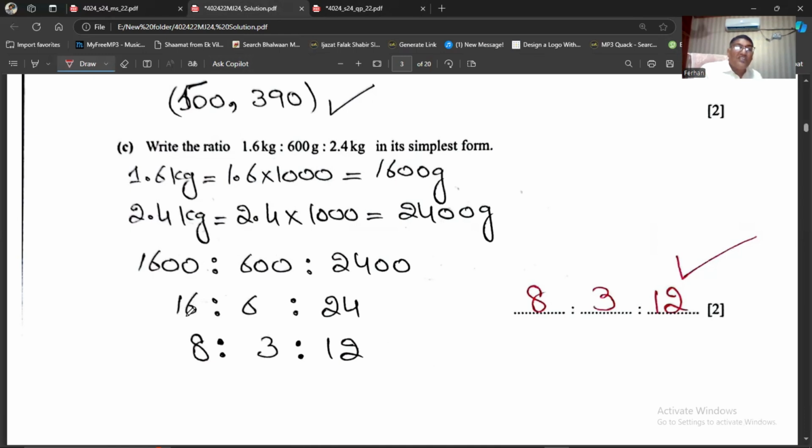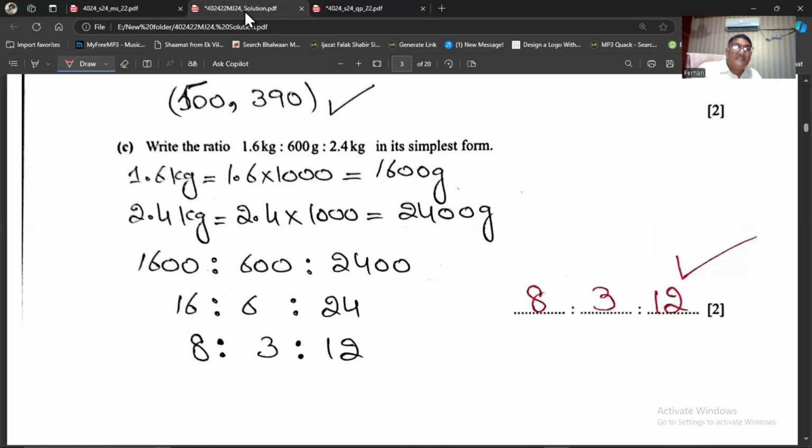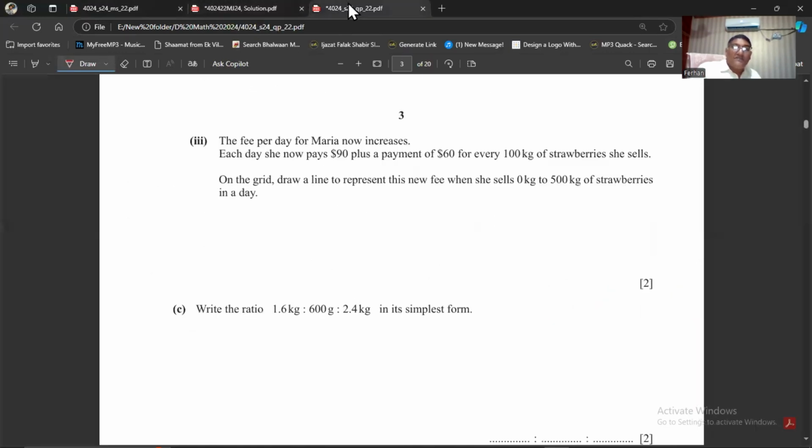So 16 divided by 2 is 8, 6 divided by 2 is 3, 24 divided by 2 is 12. Now they cannot be simplified further. So the answer is 8 ratio 3 ratio 12. This is how this is done.